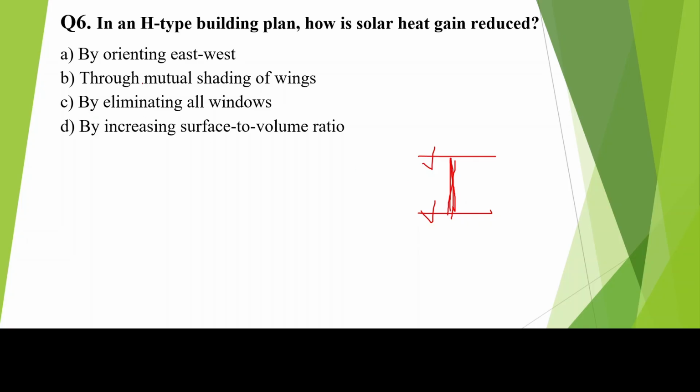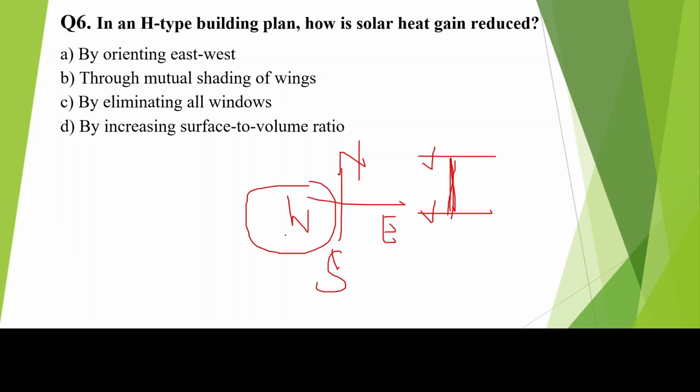So wherever you place it, let's say north, west, south, east, the western direction, if it is oriented in such a direction, then the western side will be more prone to solar radiation.